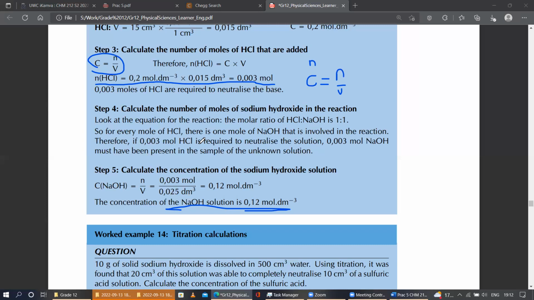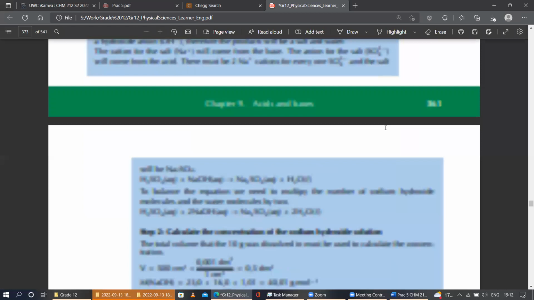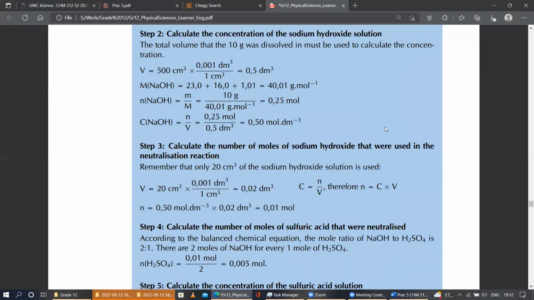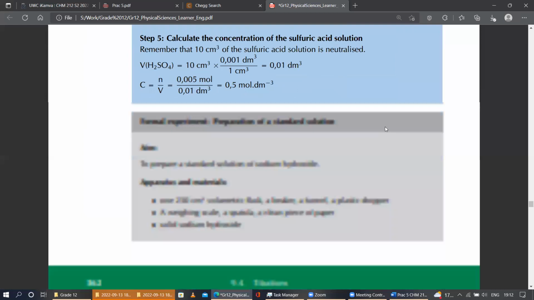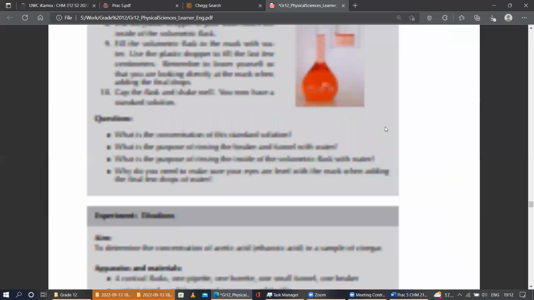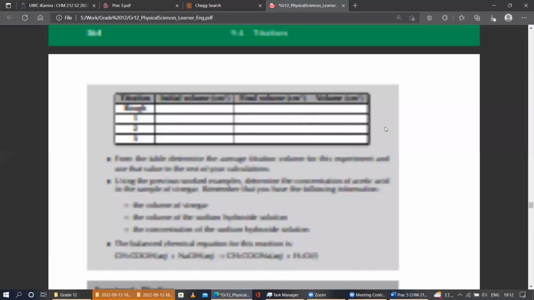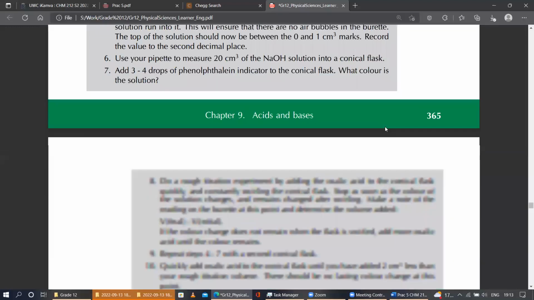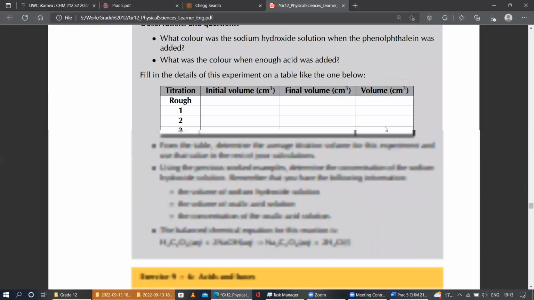So I'm just gonna go to the next question in the next topic chapter. I think the problem with this book is that it's just full of a lot of experiments.